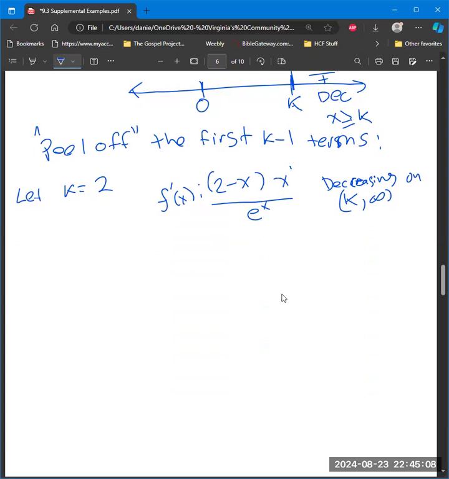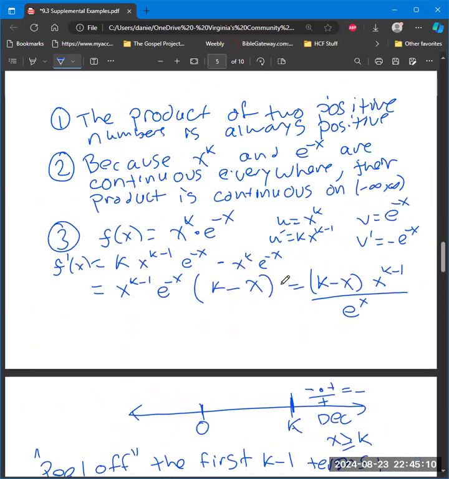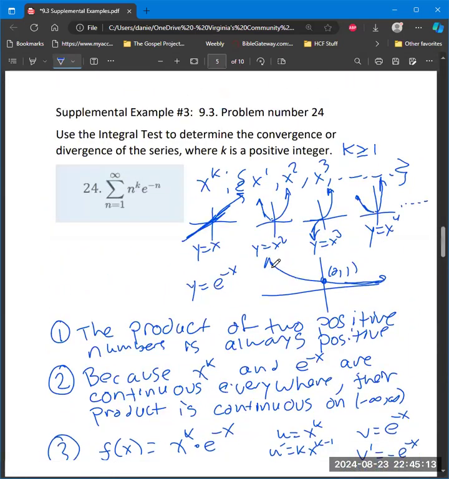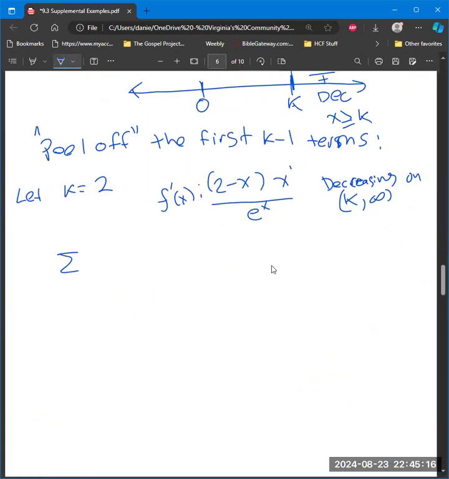So let's go in there and let's put k is 2. So the sum of n squared e to the negative n, n equals 1 to infinity. So if k is 2, I'm going to have to peel off the first term. K minus 1 is 1. So I'm going to have to peel off 1 squared e to the negative first plus the sum n equals 2 to infinity of n squared e to the negative n, like that.